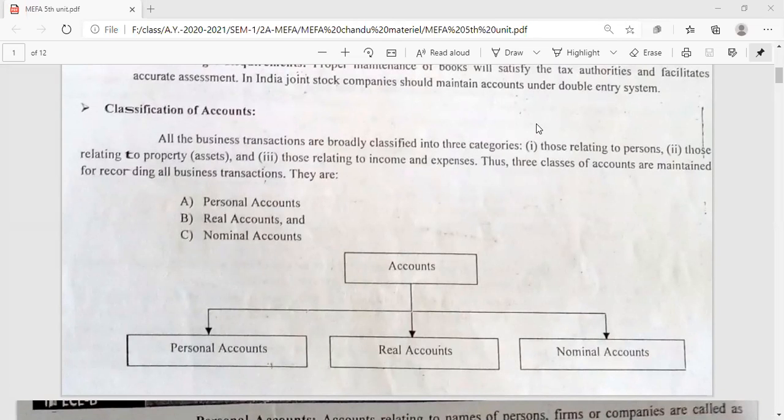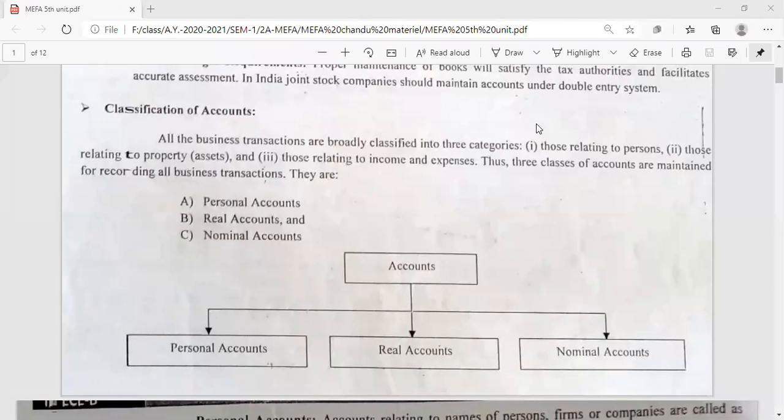And the third one is those relating to the income and expenses.